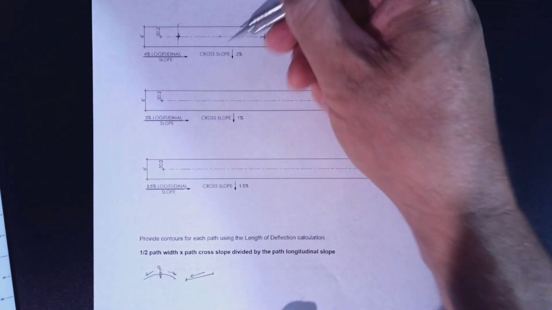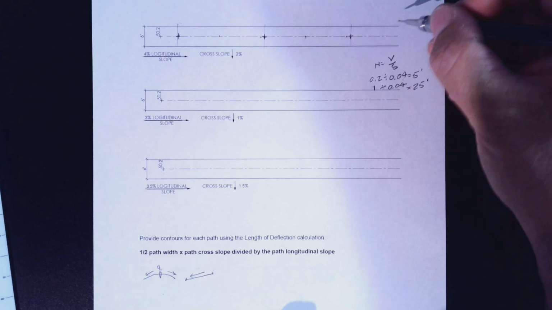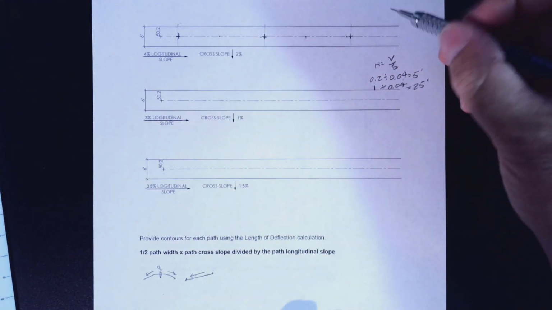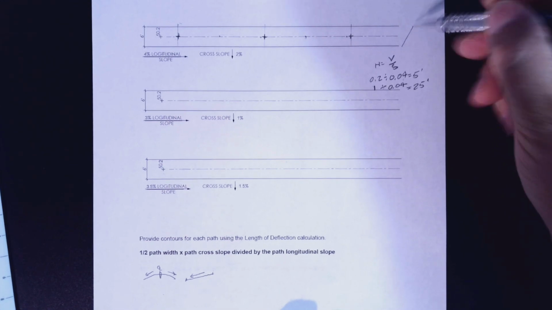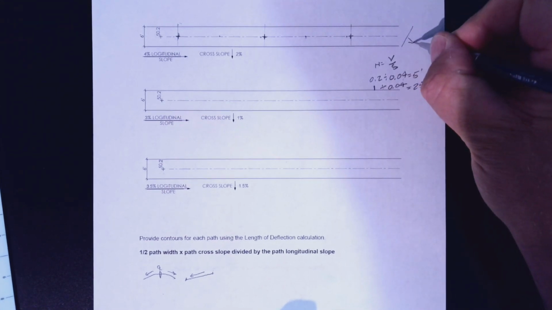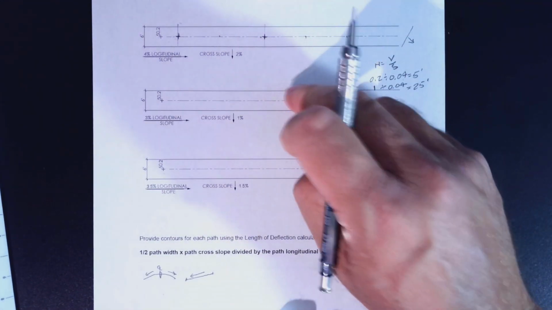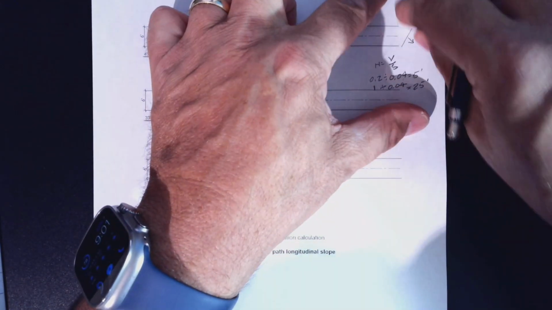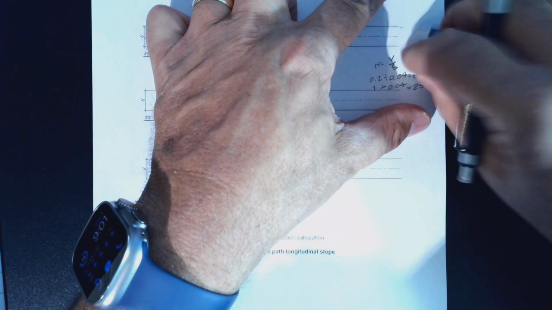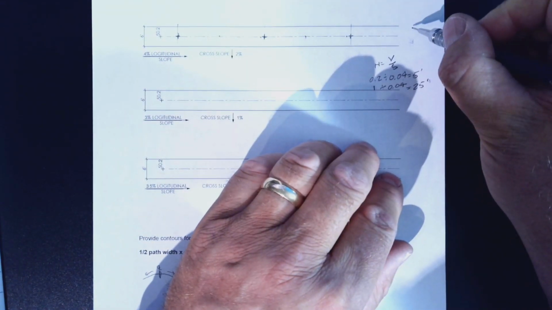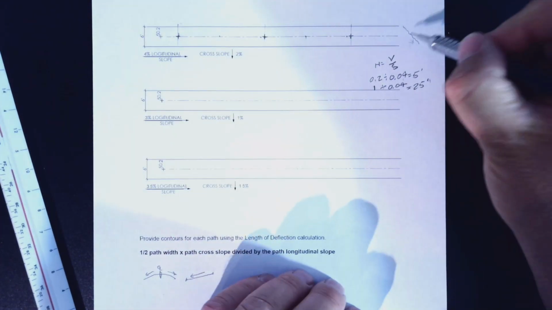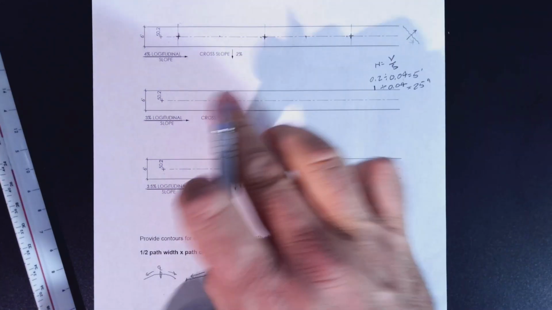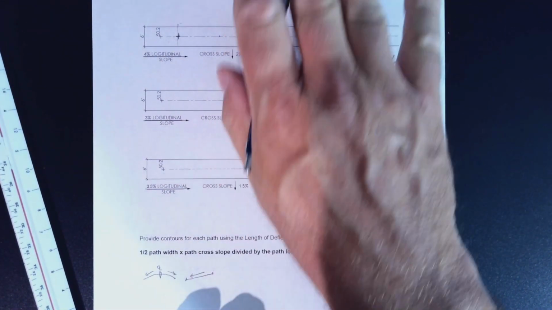The water's going this way, so it's going downhill this way. The contours have to be at an angle, so that your water is draining off the path this way. If you make your contours the other direction, like this, and it's going downhill this way, then your water is going this way, so your cross slope would be going off the path that way.